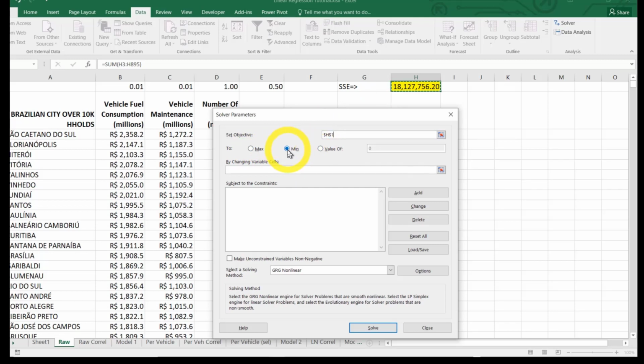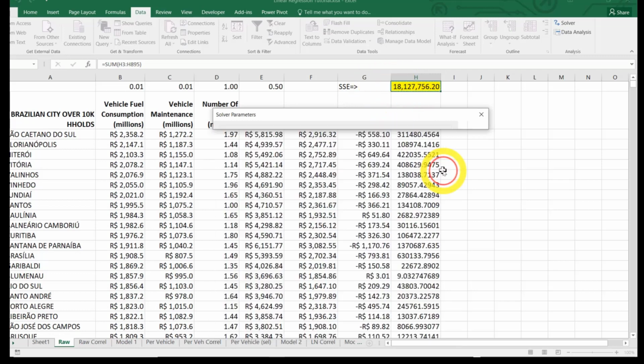I want to minimize. In other words, I want to figure out what are the weights on B1 to E1 that would produce the smallest sum of squared errors. So my objective is the sum of squared errors, H1. And I want to achieve that goal, minimize the sum of squares, by manipulating these cells here.